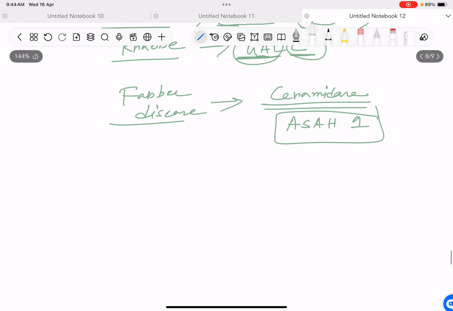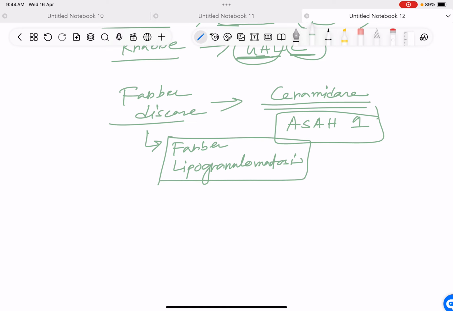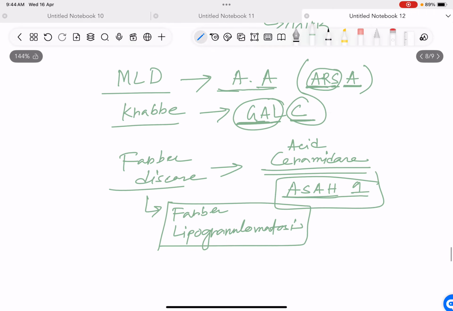Farber disease is also known as Farber lipogranulomatosis. It is due to the enzyme responsible for coding acid ceramidase. It is written as ASAH1. This Farber disease is in chromosome number 8.